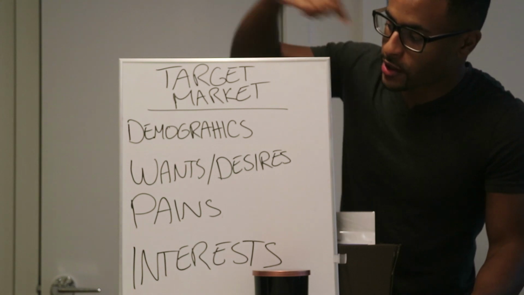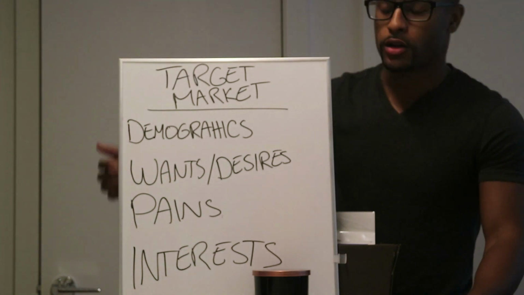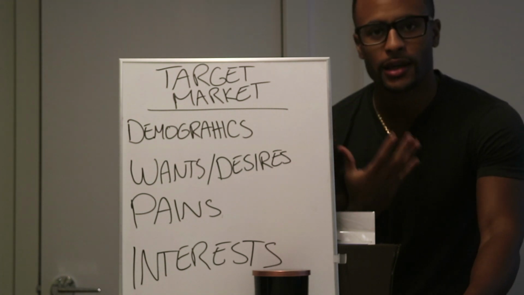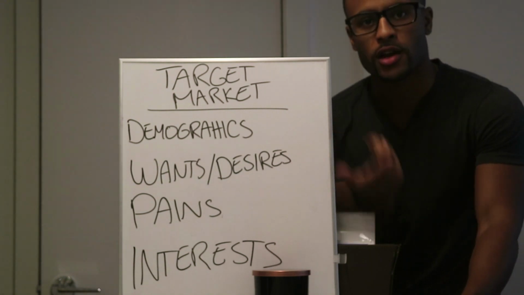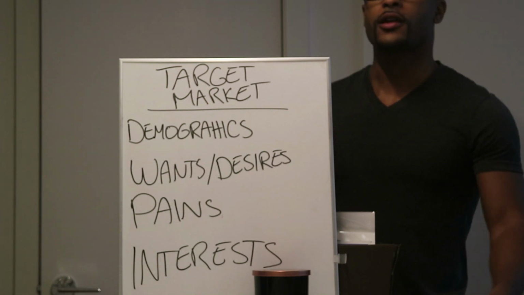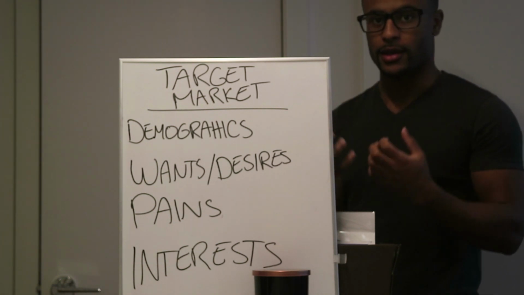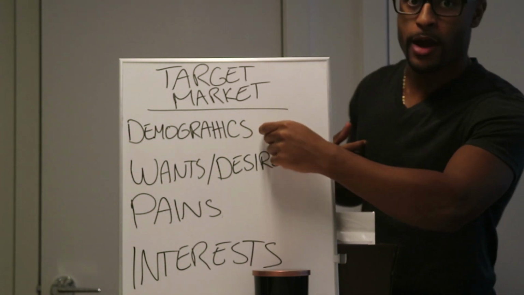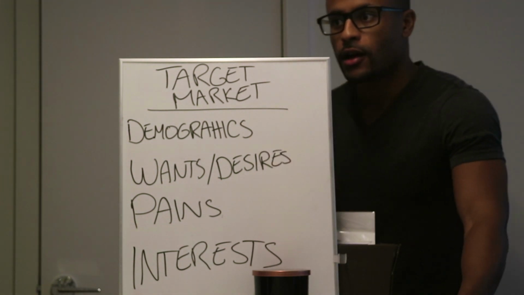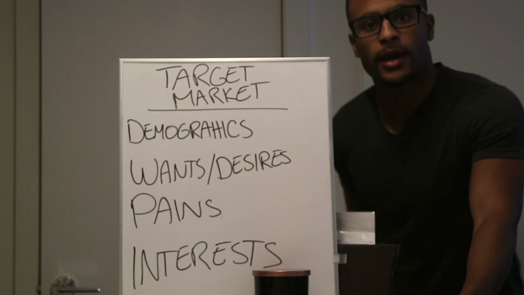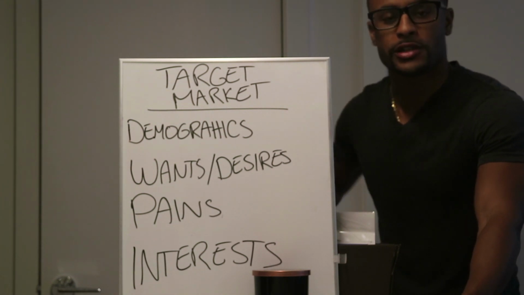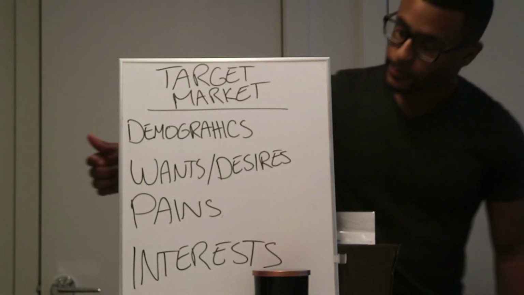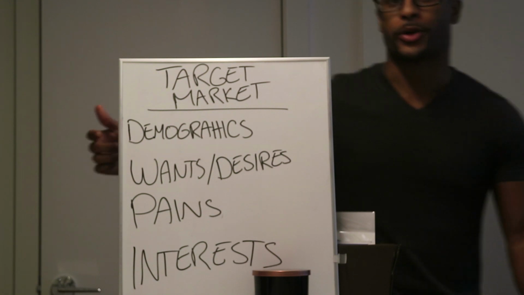So this is: what is their gender, how old are they, where do they live, do they have any kids, what sort of job do they have, what's their income, all of the really basic things that you need to know. Yes, this is the basic part, but this does matter, because you're not going to sell to a 50-year-old man the same exact way that you would sell something to a 12-year-old little girl. So that is why this part is important.